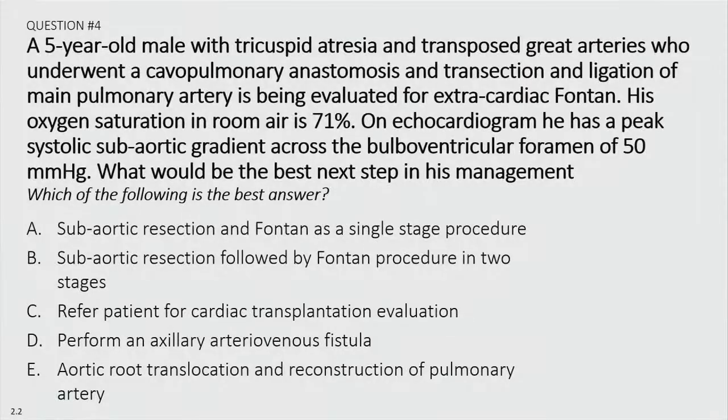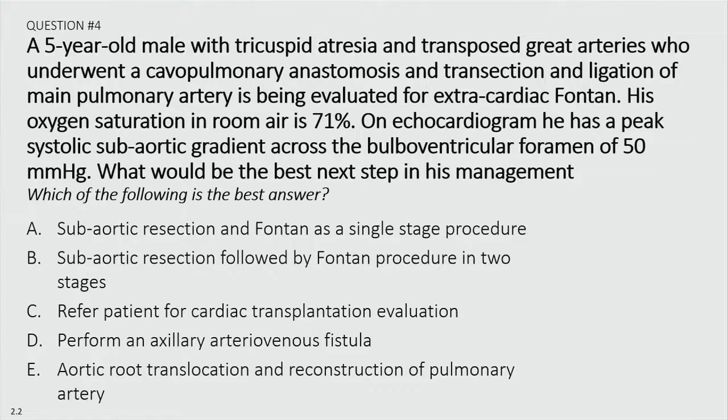A 5-year-old with tricuspid atresia and transposed great arteries who underwent cavopulmonary anastomosis and transection and ligation of MPA is being evaluated for extracardiac Fontan. His oxygen saturation on room air is 71%. On echocardiogram, he has a peak systolic subaortic gradient across the BVF of 50 millimeters of mercury. Which would be the next best step in his management? A, subaortic resection and Fontan as a single-stage procedure.